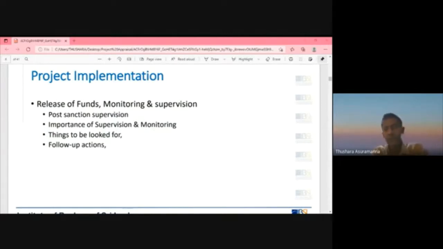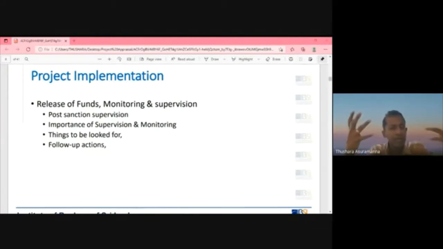Then follow-up actions. What are the follow-up actions? Let's say you are in agreement with the sponsor that these activities are to be completed by, say, first quarter, second quarter. Now you can see things may not be as expected due to maybe a pandemic like COVID, due to floods and natural disasters.